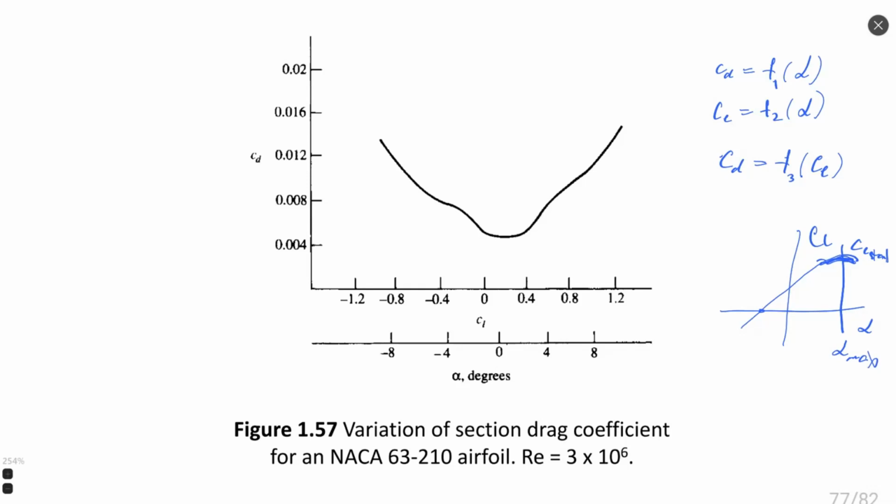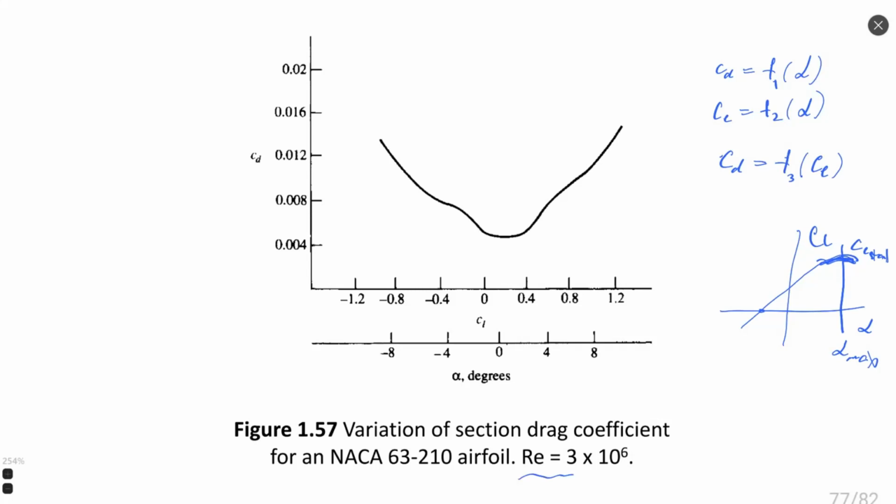Usually drag coefficient has its minimum here. As I told you, this is a variation for a 5-digit airfoil for Reynolds 3 million. For other values of Reynolds, curves are similar, but this CD variation is highly dependent on shear stress distribution, and shear stress is strictly related to Reynolds number.